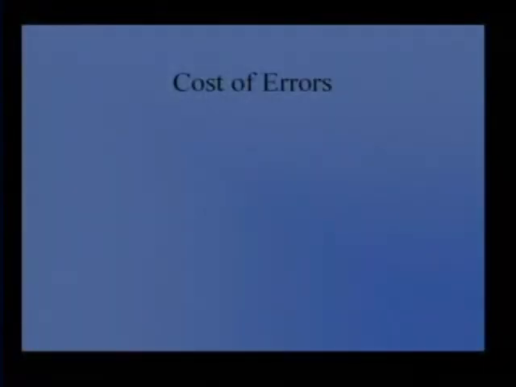So let's go to the cost of errors, which is where we finished up at the end of the first session. As we go through, the cost of finding and correcting an error during the define stage is, a lot of times, just like a blueprint where you erase a line and then draw another one over, maybe a foot over. There's not much of a cost associated with that.